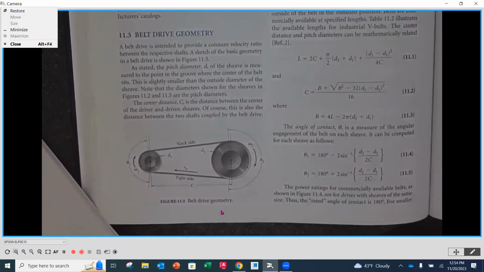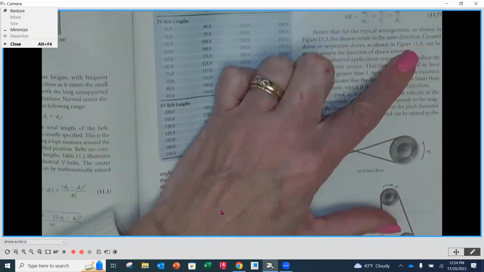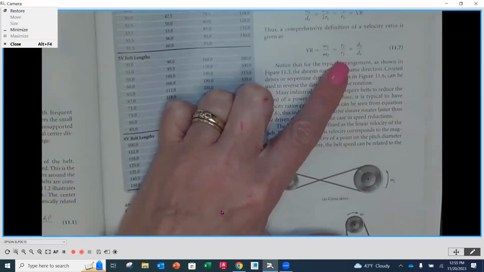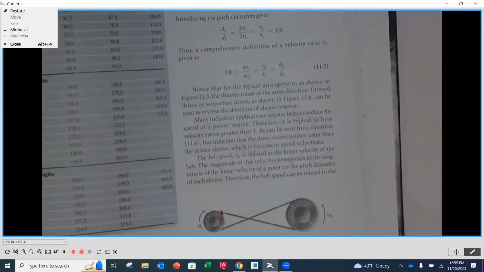Then there's just two more. We're going to want to write down up at the top of page 305 the velocity ratio equation here. This looks familiar to us: the velocity ratio between a set of sheaves is going to be W1 over W2, but it's also equal to the radius of 2 to 1, and then the diameter of 2 to 1.